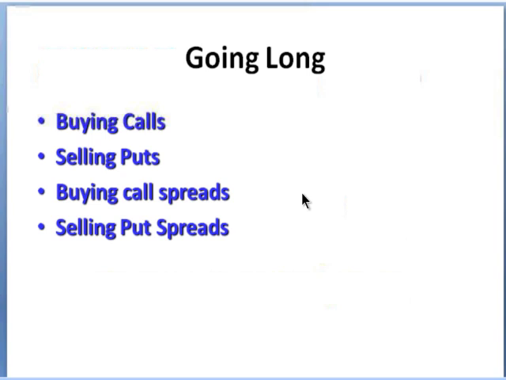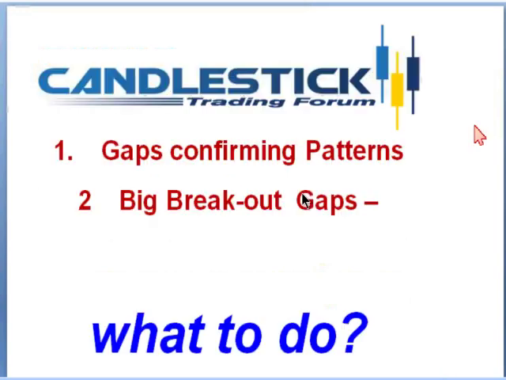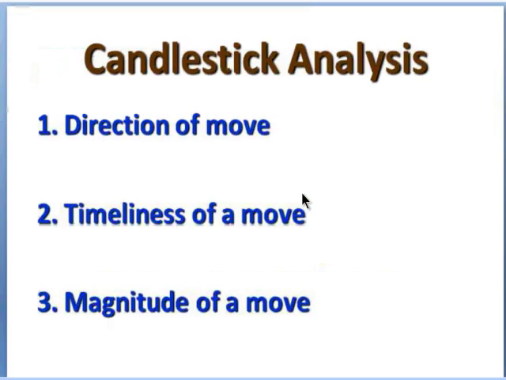So what we want to do, based upon candlestick signals, is if we see big gap type patterns or big breakouts, what do we want to do? Now, the advantage we have with candlestick analysis is we've got a high probability of identifying which direction the move is going.